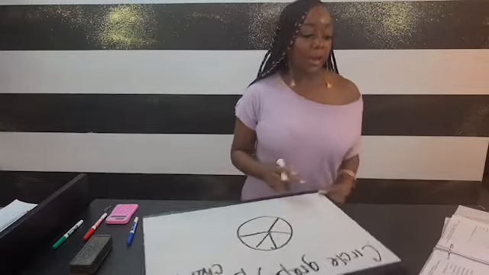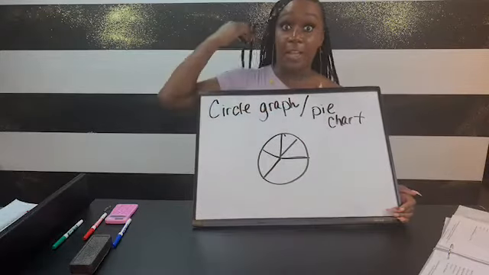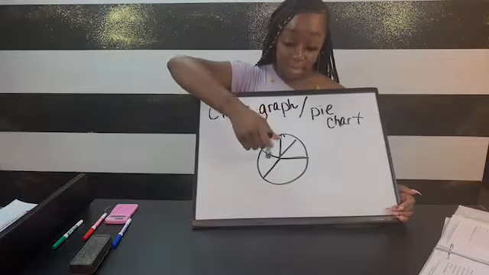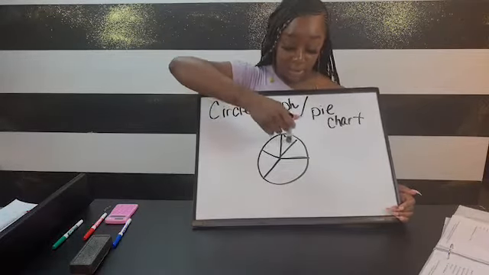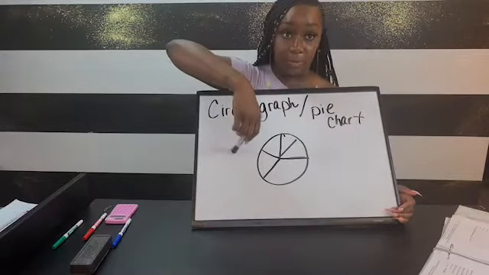And it's always used to compare part of the data to the whole. So basically, if I do a survey of seniors and we talk about their favorite types of music, when I create these circle graphs, I'm comparing the different types of music that they like to the seniors as a whole.